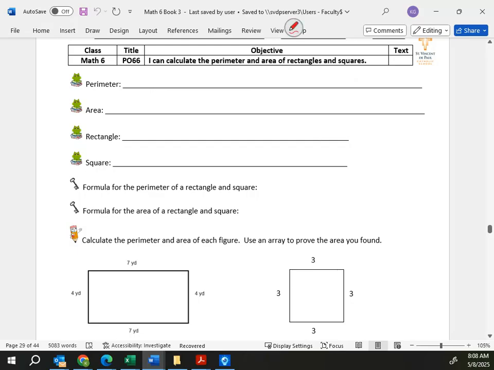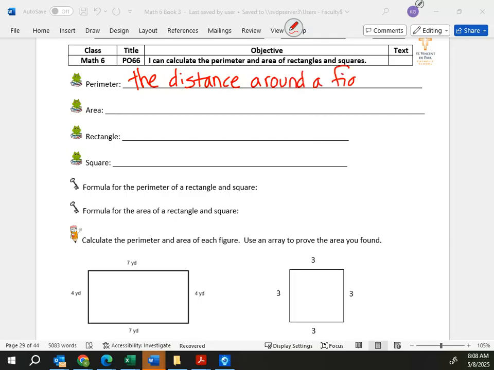So the perimeter is the distance around a figure. The area is the number of squares needed to cover a figure.